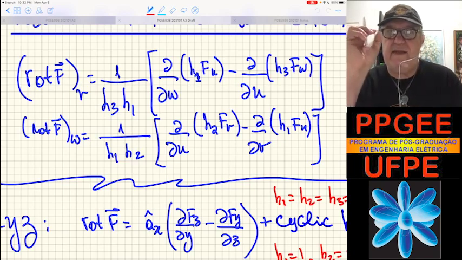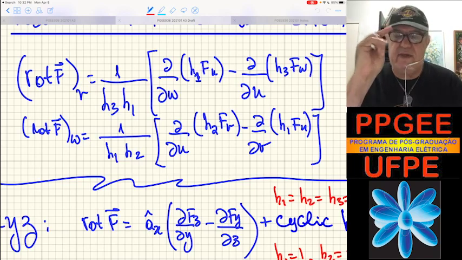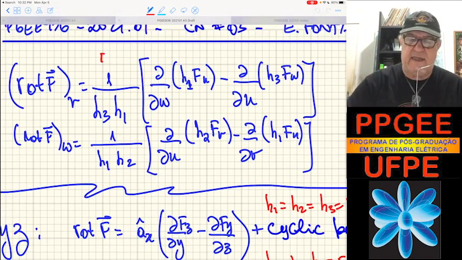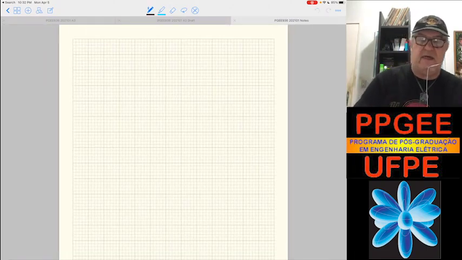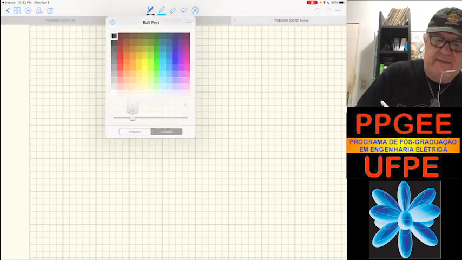As I mentioned, it's just enough to determine the U component because the other ones are determined by cyclic permutation. So if you want to make an expression for the curl, right?